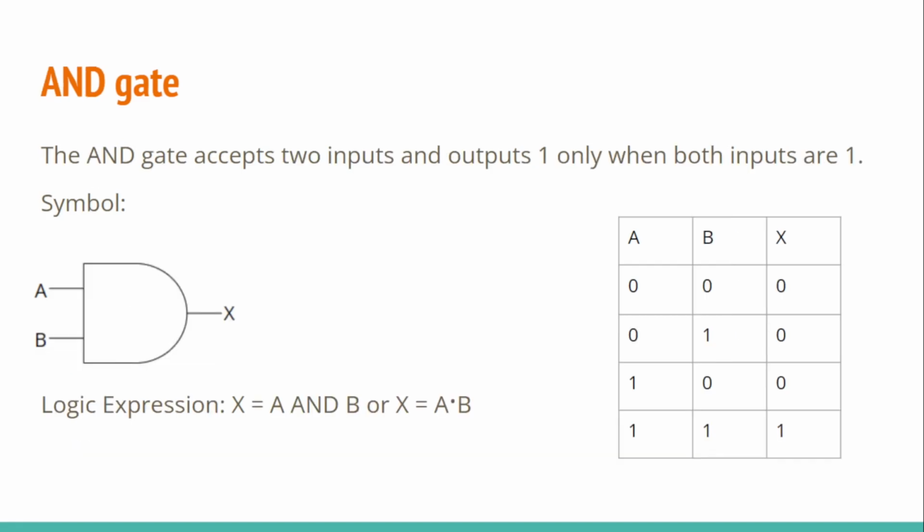The AND gate accepts two inputs and outputs 1 only when both inputs are 1.